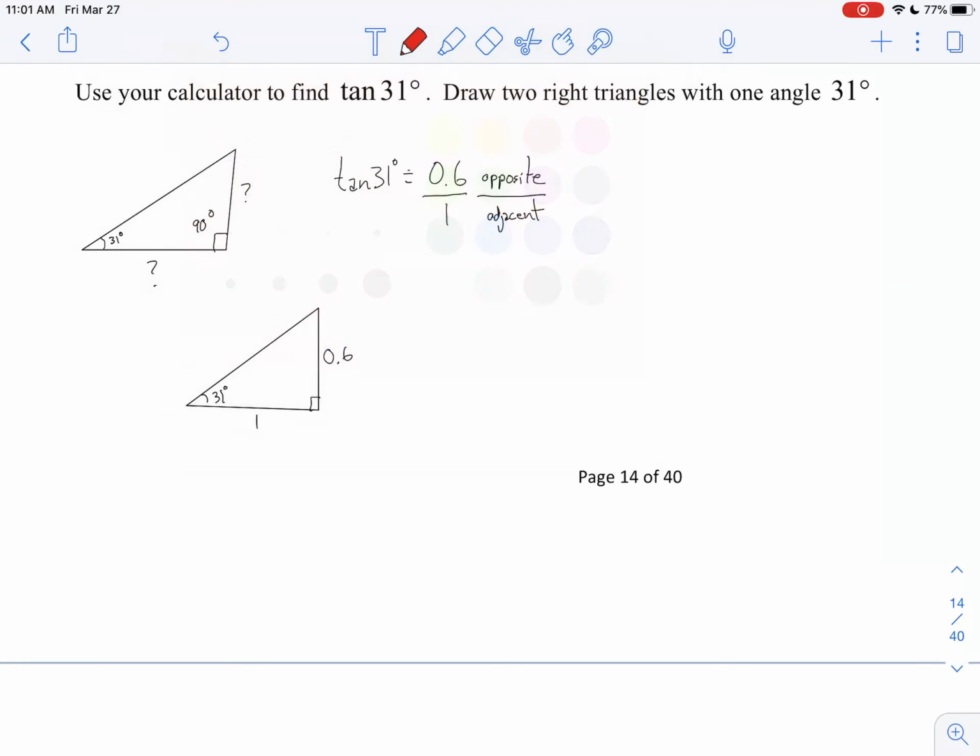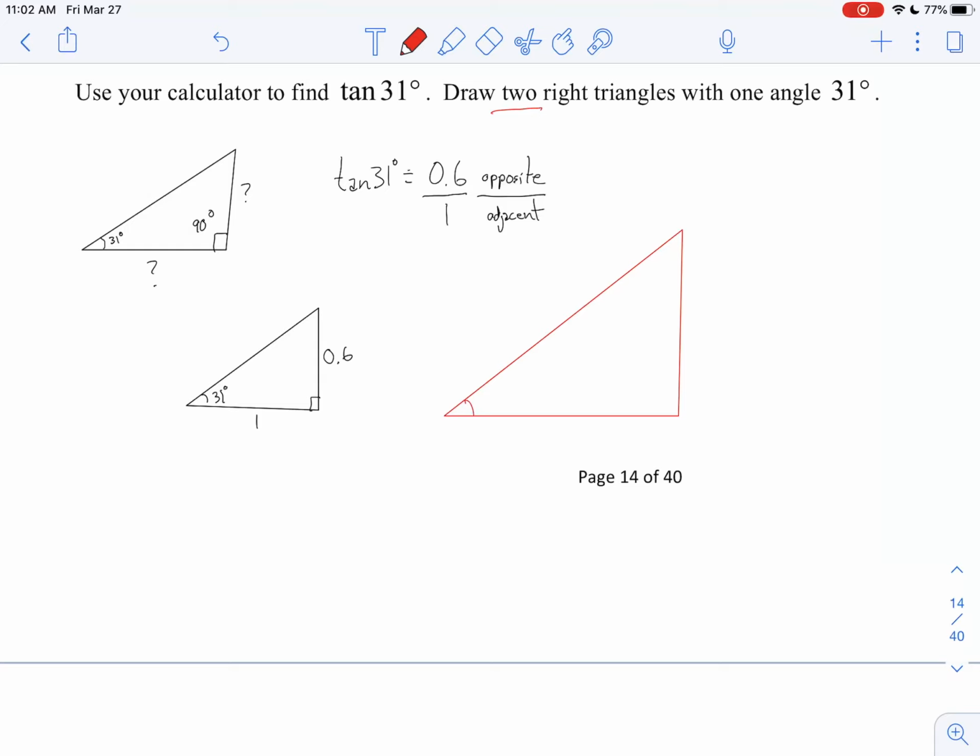Notice this question does say draw 2 right triangles, one with an angle of 31 degrees. So I'm going to draw a slightly bigger triangle now, and I'm just going to scale up my 2 adjacent and opposite measurements to be something slightly larger, that when I divide the 2 of them, I still get 0.6.